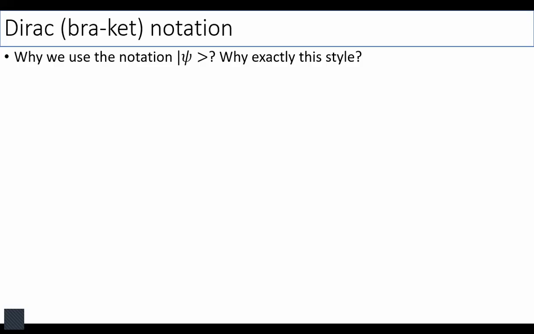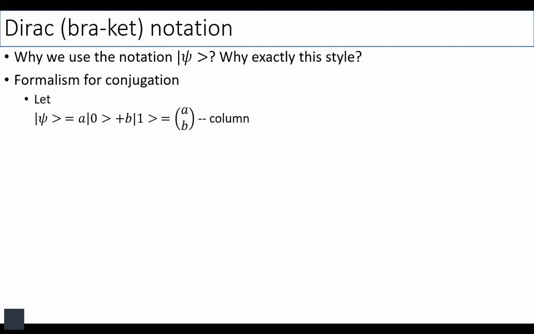Even though it means brackets, you should separate two parts, bra and ket. I write psi as A|0> plus B|1> and consider it as a vector in C2 space. And remember, a vector is a column.